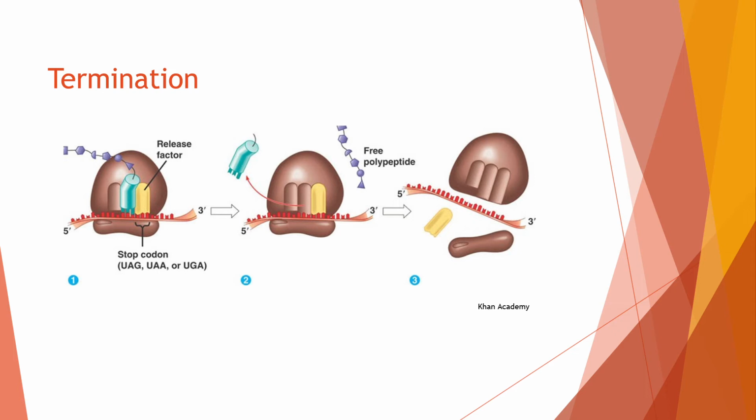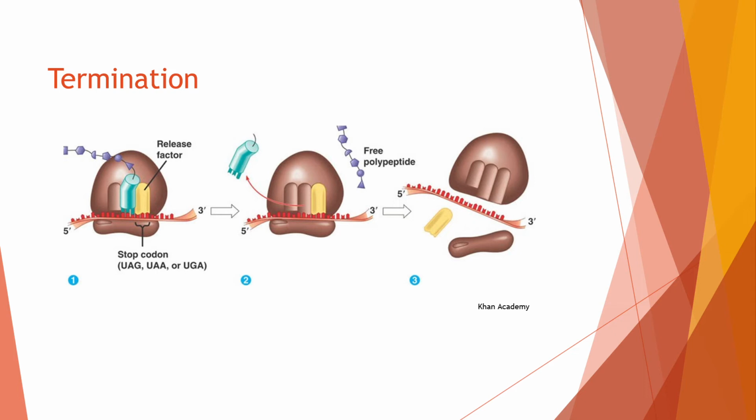Binding of release factor will lead to the separation of the polypeptide from its tRNA. The polypeptide is let free, the tRNA is let go, and at this moment the whole ribosome disassembles. The end of the translation of this particular protein.